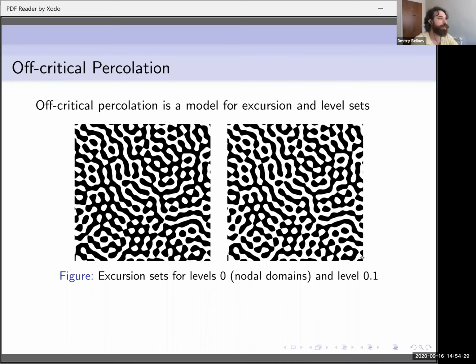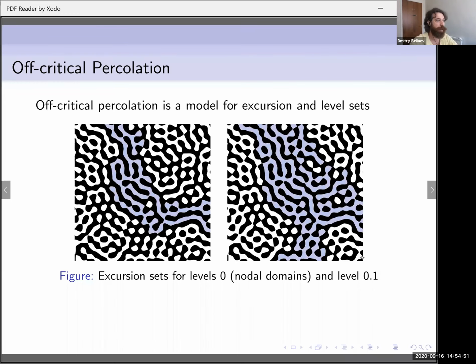And here you can see how excursion sets look for the same functions. So here we have the 0 level set and the level set 0.1. These two pictures look almost identical, but there are some small changes.